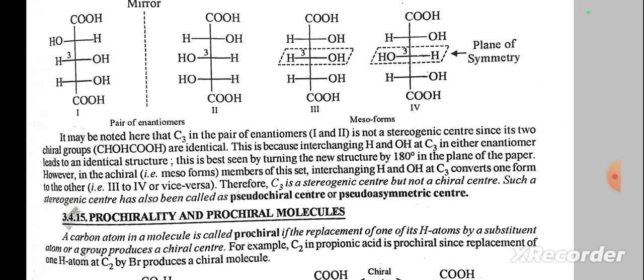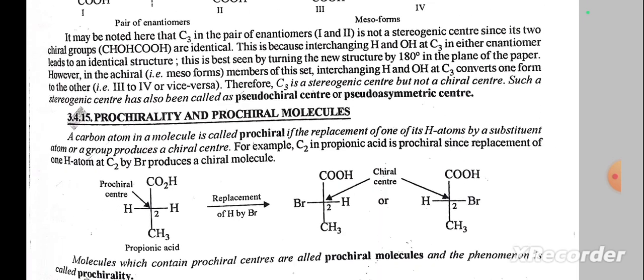It may be noted that C3 in the first and third isomers is not a stereogenic center, since two of the groups are identical. This is because interchanging H and OH at C3 in either isomer leads to an identical structure. This is best seen by turning the structure by 180 degrees in the plane of the paper.